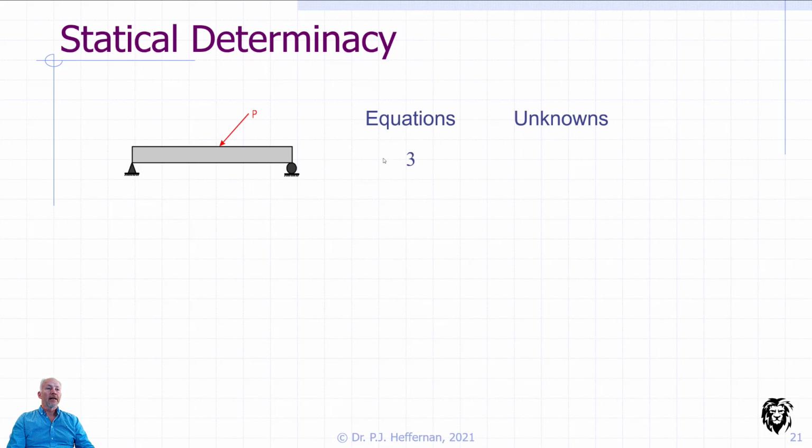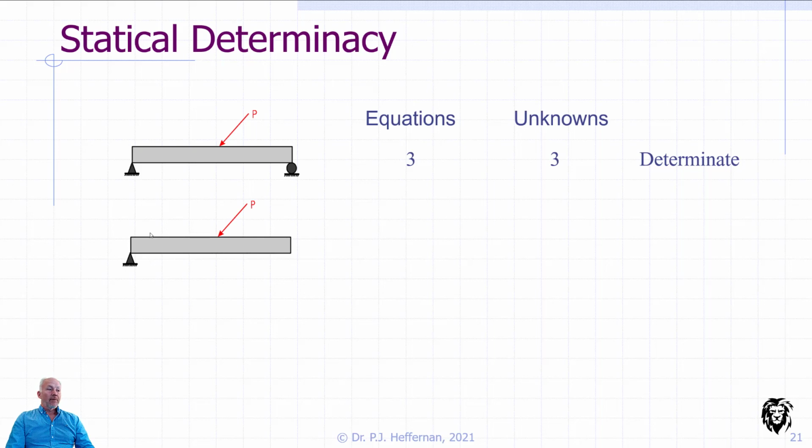So in this case, if we have 3 equations, we also have 3 unknowns. And this is a simply supported beam. It's a very classic style of beam support condition, and we use it fairly often. So this is statically determinate, and we can resolve it using the equations of static equilibrium.